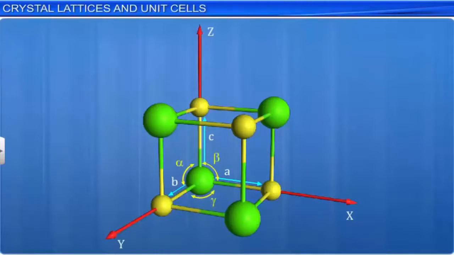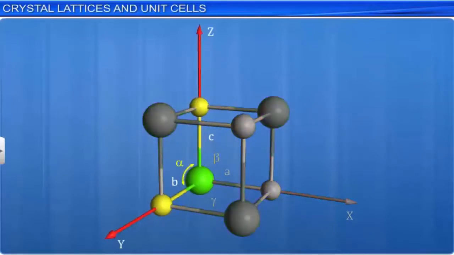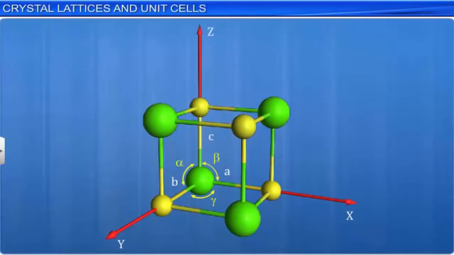Alpha is the angle between edges b and c. Beta is the angle between edges c and a, while gamma is the angle between edges a and b, as shown here. Edges a, b, and c may or may not be perpendicular to each other.